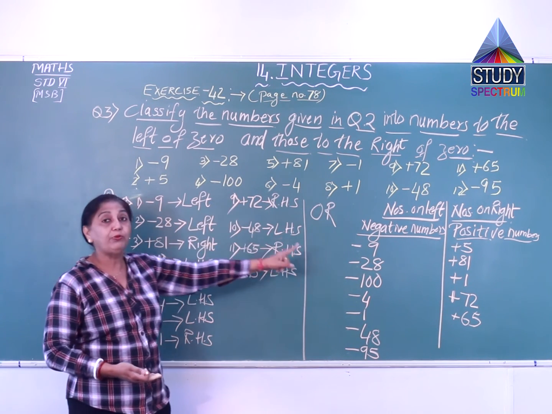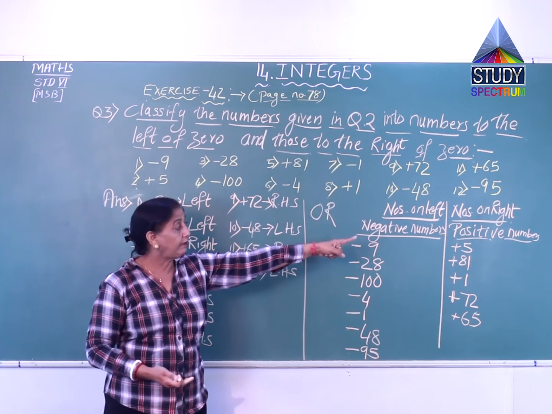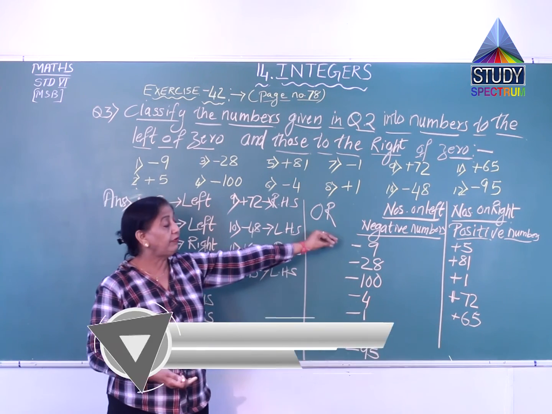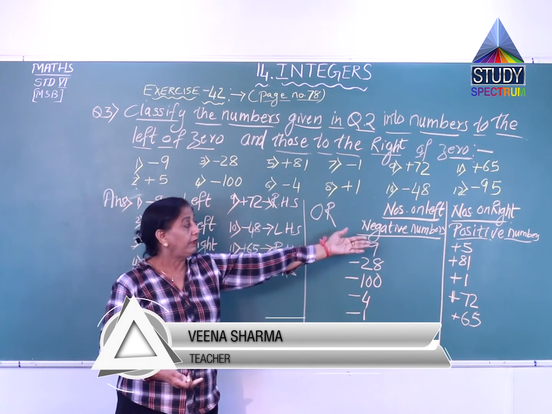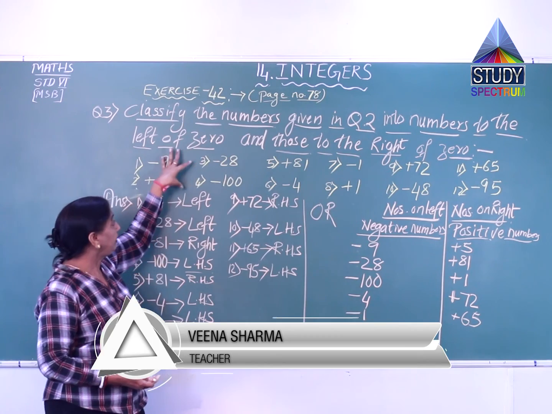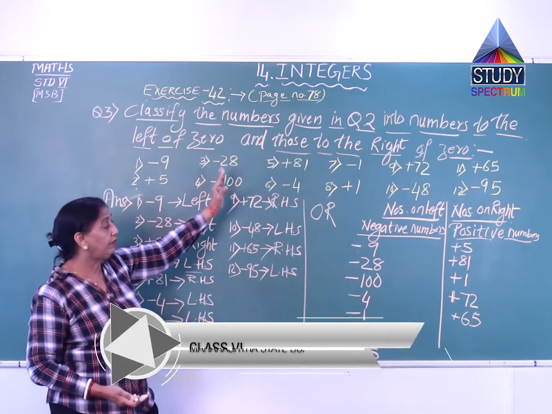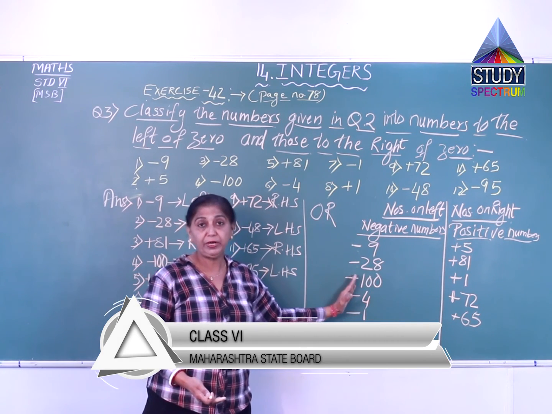The other way to write the answer is to make a column. Numbers on the right hand side, numbers on the left hand side. And you know, negative numbers will come to the left and positive numbers to the right. So you can pick up the negative numbers and put them in this column, then pick up the positive numbers and put them in this column.